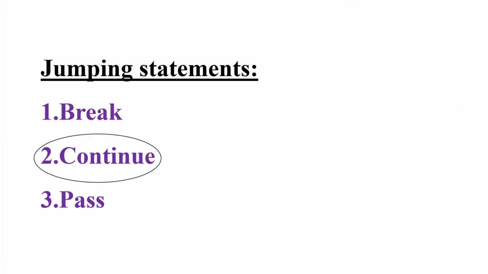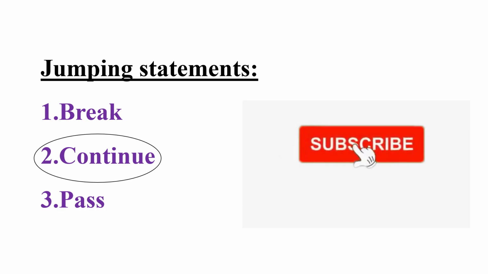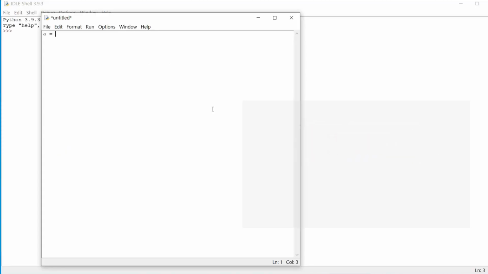Next, the continue statement. This continue statement is used to skip the current iteration of a loop. We'll see one example. Here I will take a variable a equal to, in double quotes, SLA tutorials. I will take a for loop. For, here I will take variable name as i, space, membership operator in, space a, colon, enter.